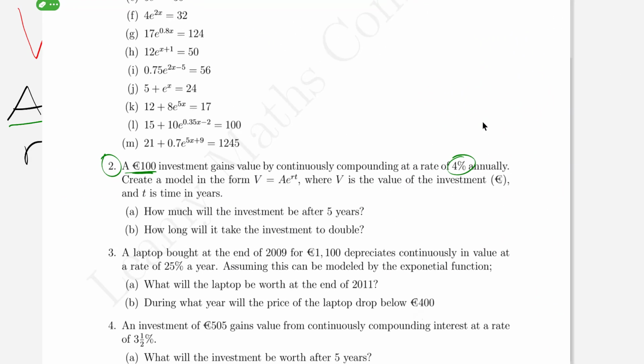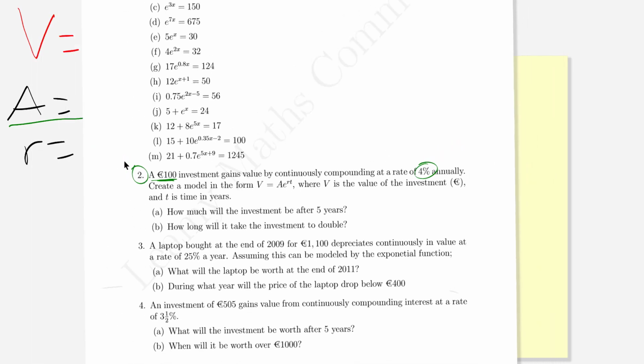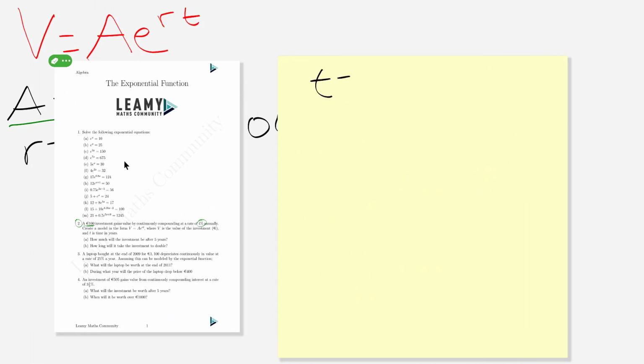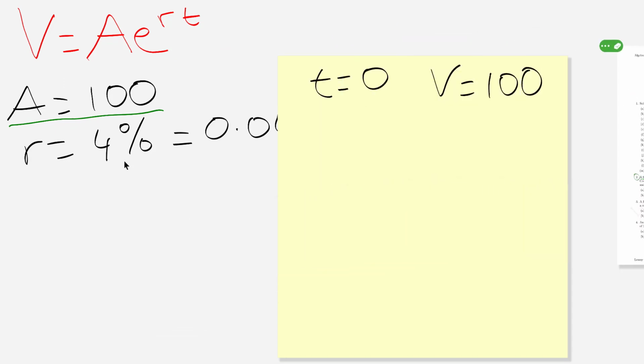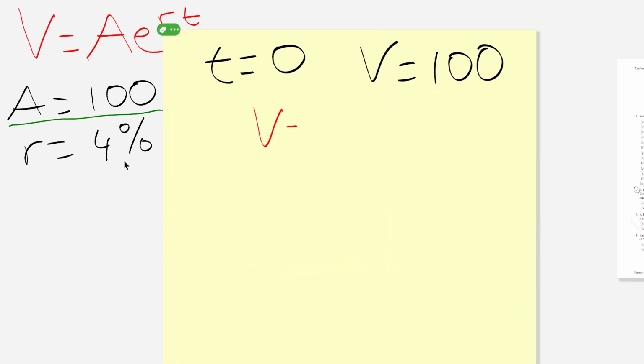The question was, it was a €100 investment that gains value by compounding at 4% annually. So that means when the time was 0, when this thing started off, when t was 0, the value was €100. We're taking a model of the form V equals Ae^(rt), and if I sub in, when t is 0 the value is 100.